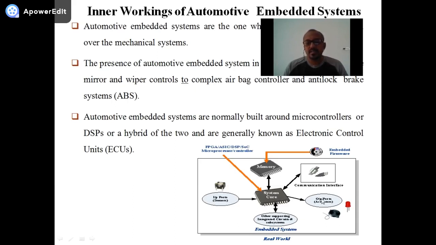It is interfaced with input sensors and output actuators, then communication interfaces, and at the same time memory, embedded firmware, and other supporting integrations. So, sensors and actuators play a very important role in most of the embedded control units.